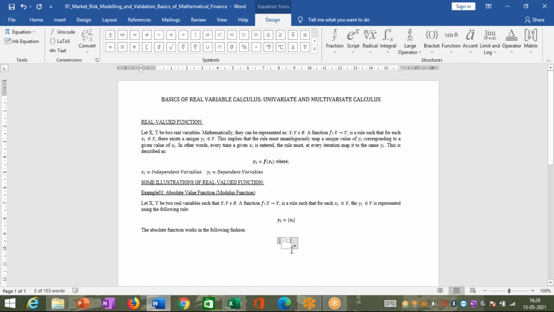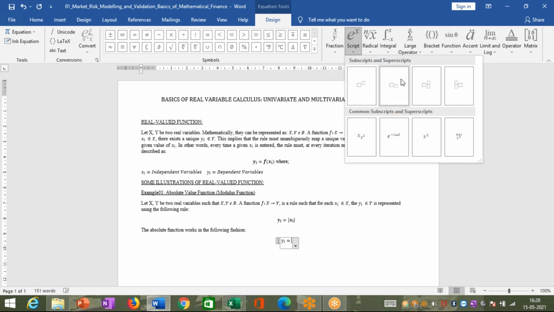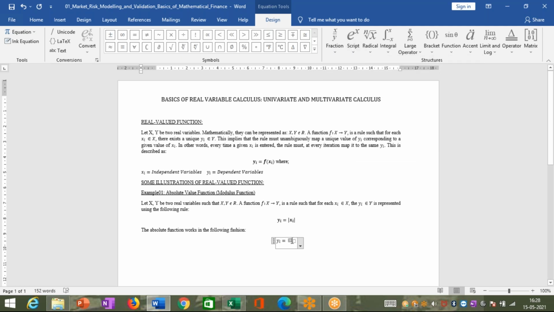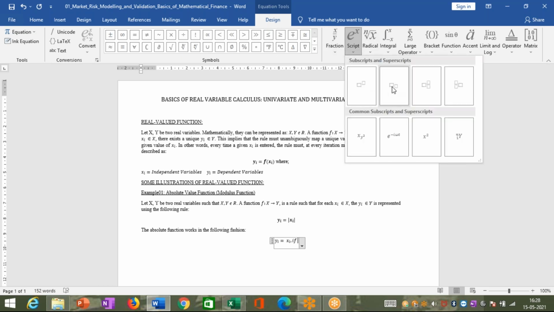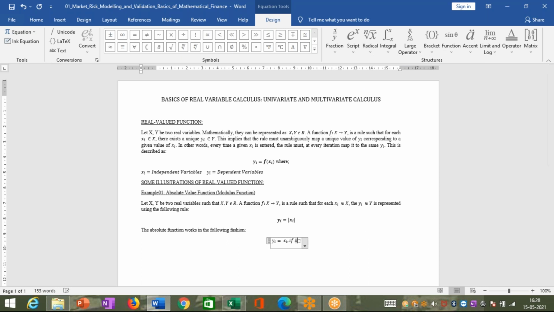So over here, yi is equal to xi if xi is greater than or equal to 0.